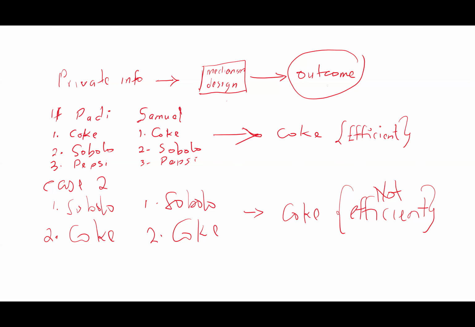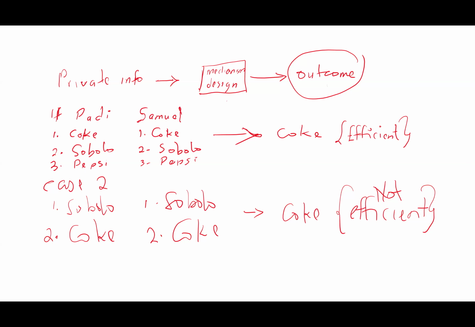So we say that it is efficient when, this is Paddy's preference, this is Samuel's preference, but Coke was chosen, which means that that is what we all preferred initially anyway. So at the end of the day, we say that it is efficient.